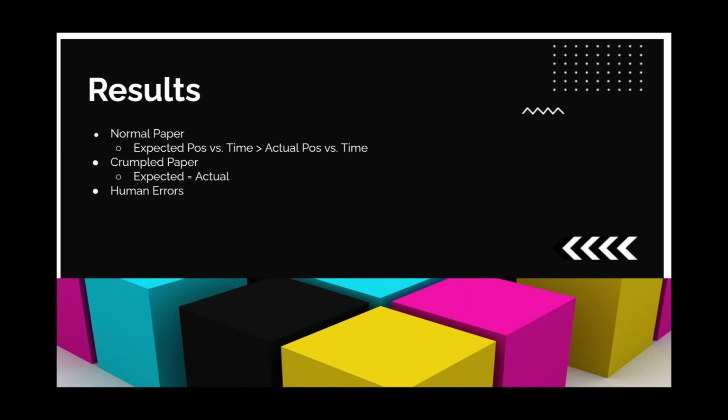There was some movement in the x direction, and there's other external factors in this room which could have affected the movement of the crumpled piece of paper as well as the normal sheet of paper, which is why the expected were not exactly correct like the actual, but very similar.